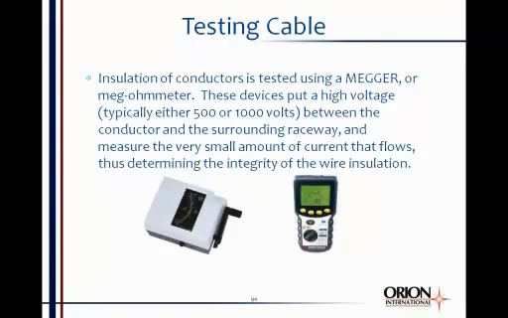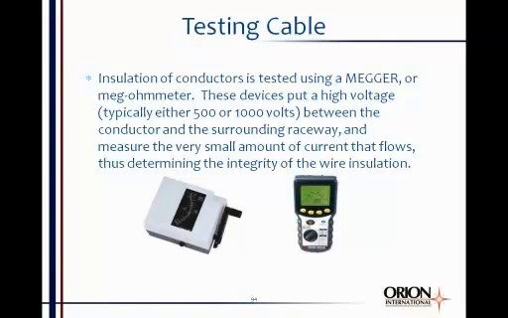Okay, and you have a couple of leads that come out of this megger, and you attach them to the conductor and the surrounding raceway, and then you energize the megger by cranking the handle or pushing the button, and that introduces a large voltage. The megger is a very sensitive current measuring device. It measures how much current actually flows.